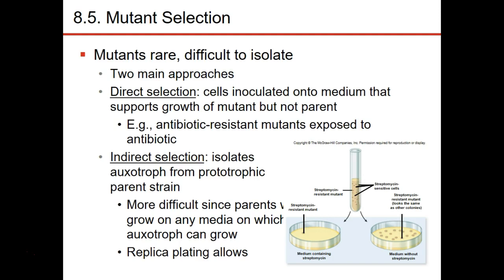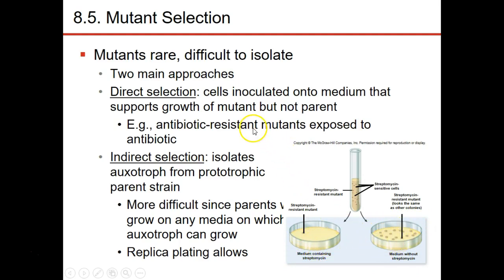Direct selection, where we are looking for an organism, the only organisms that can grow. In that case, we're going to select an organism that will be able to grow on a media that other organisms won't. So here's an example, a media containing streptomycin antibiotic and a media without streptomycin antibiotic.